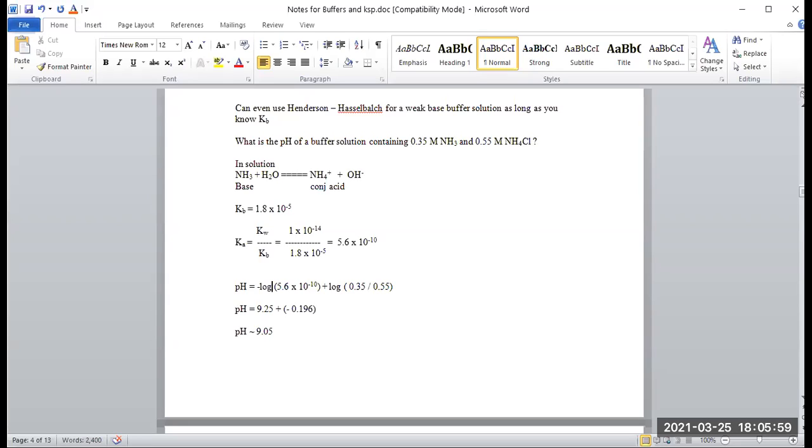Think about this in terms of kind of big picture ideas of what am I starting with? If I'm starting with something that's a base, got to be above 7. If I'm starting with something that's an acid, it's somewhere below 7. So kind of think in terms of how these parts fit together.